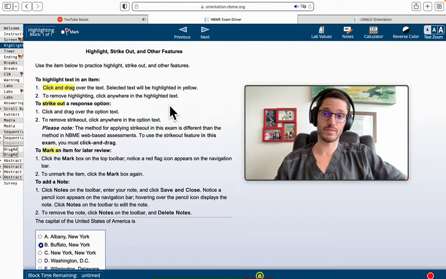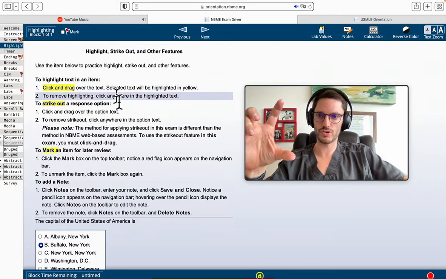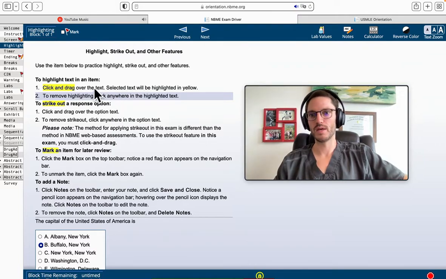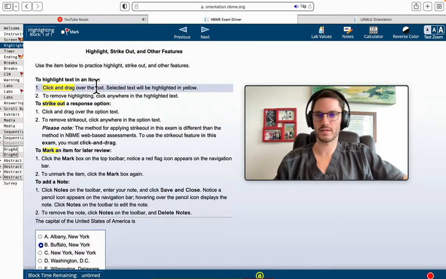Highlight. This is pretty important, because if you're reading a question, and these vignettes are usually huge, some things might not stick to your mind. So you might be reading about a patient that has a urinary tract infection, and the patient has a positive pregnancy test.